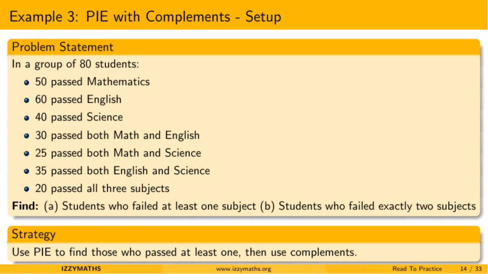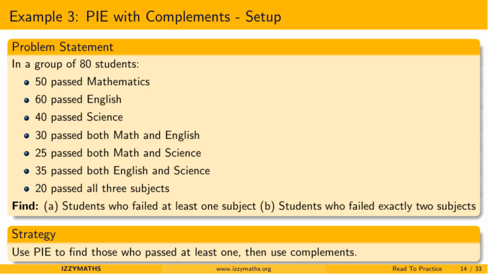Our third example demonstrates using PIE with complements. In a group of 80 students, 50 passed mathematics, 60 passed English, and 40 passed science. 30 passed both math and English, 25 passed both math and science, 35 passed both English and science, and 20 passed all 3 subjects.